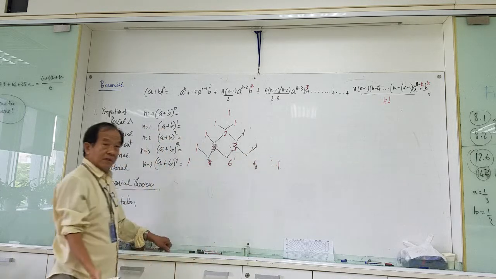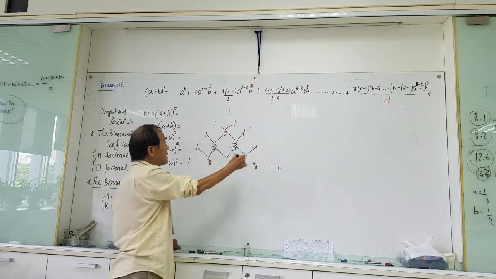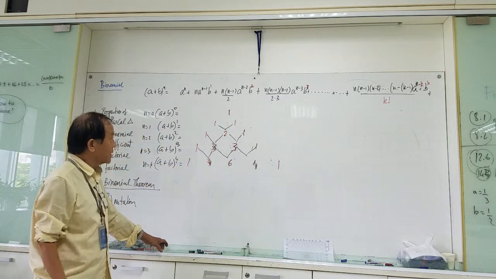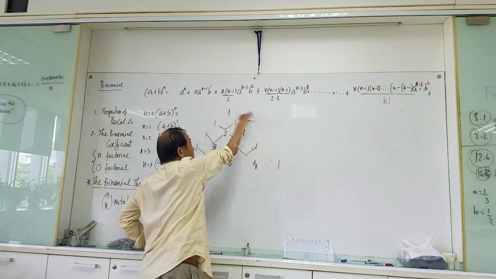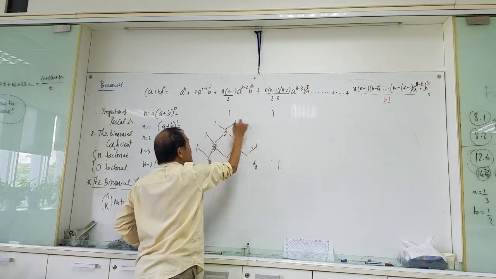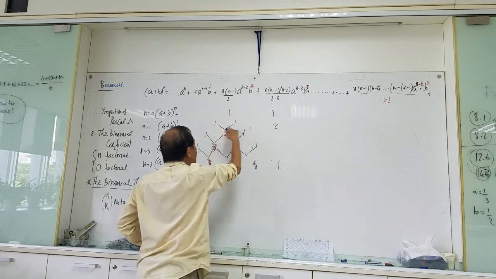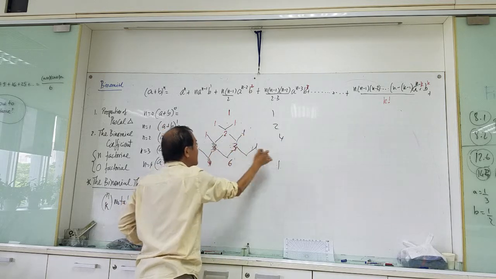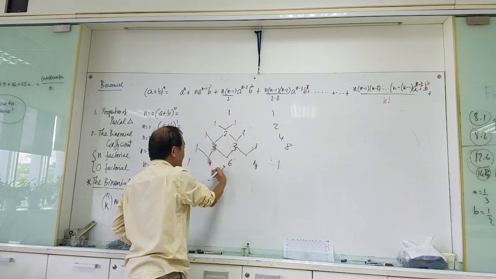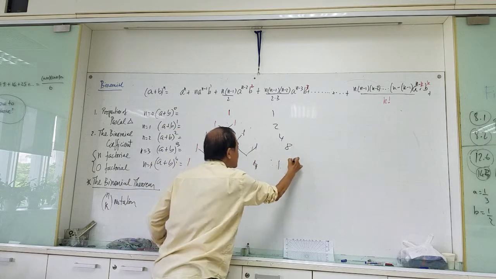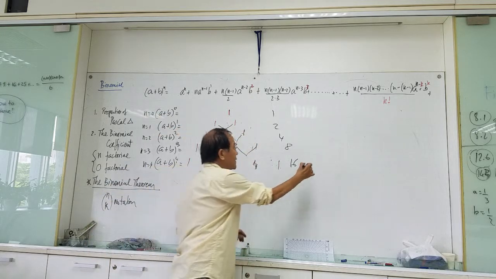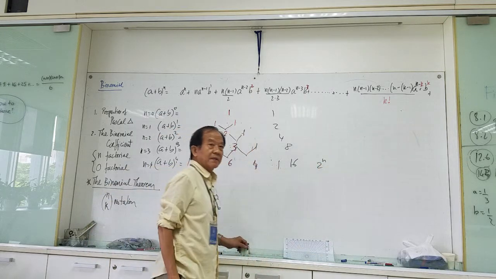Another property is that if you add across each row from left to right, you get 1, then 2, then 4, then 8, then 16. You see the pattern? This looks like 2 to the n power. Can you see that?